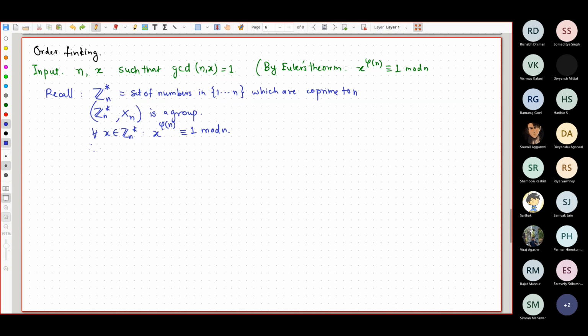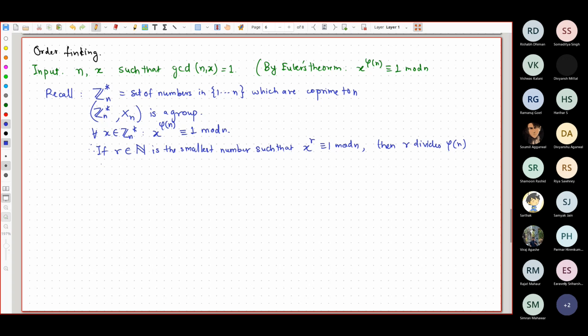So if r in the set of natural numbers is the smallest number such that x to the r is congruent to 1 mod n, then r divides phi, right? So I think we saw this also.